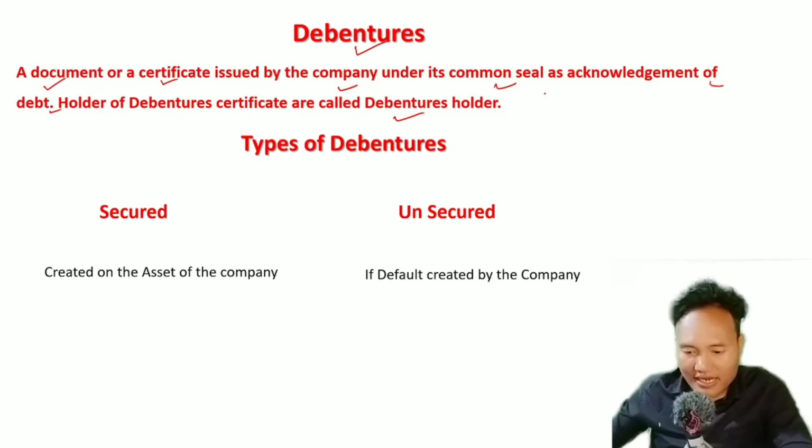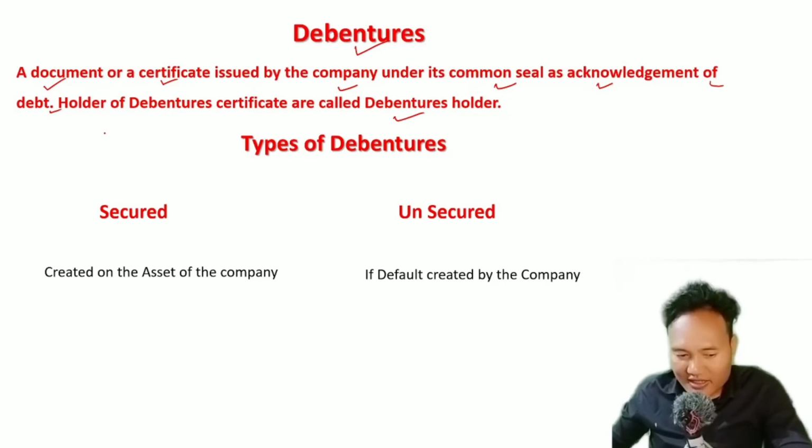Remember that it is an acknowledgement of debt having a common seal. It is a document where the company acknowledges that a particular individual has invested money in the form of debentures in their company.